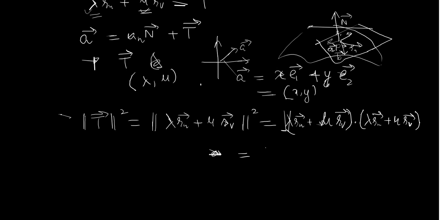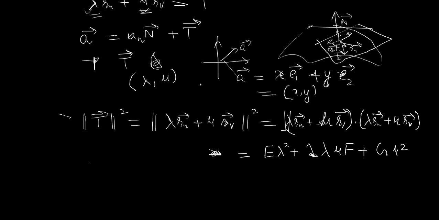So we can write it in terms of the first order fundamental magnitudes. So the norm of T would be equal to the positive square root, that is, the square root of E lambda square plus twice lambda mu F plus G mu square.